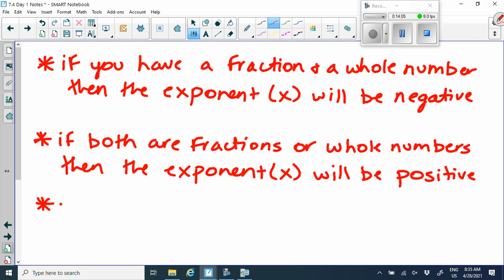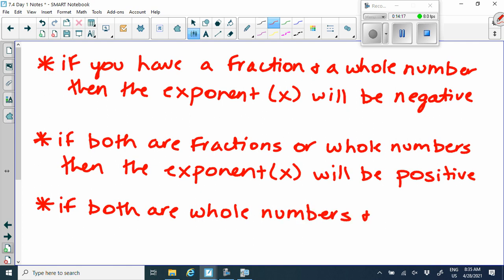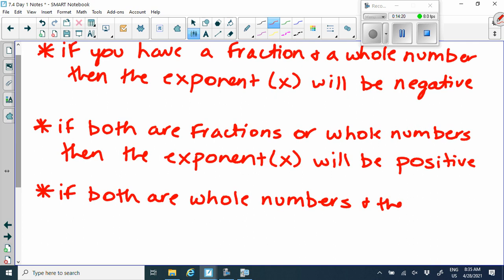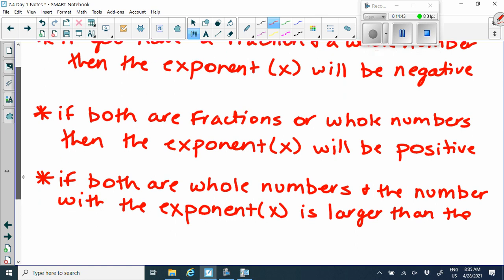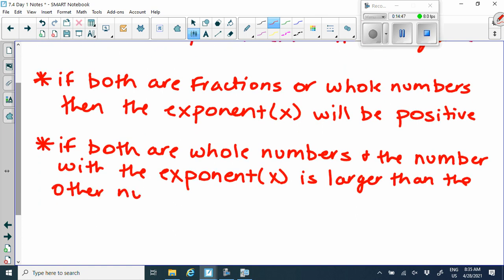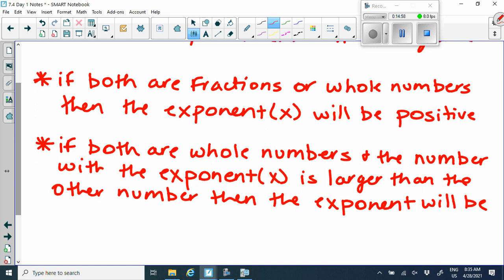Okay, lastly, if both are whole numbers and the number with the exponent, which is going to be x, is larger than the other number, then the exponent will be a fraction.